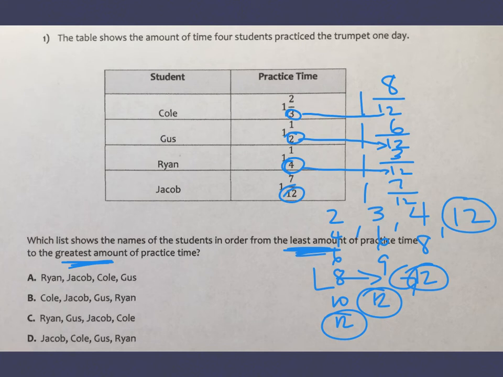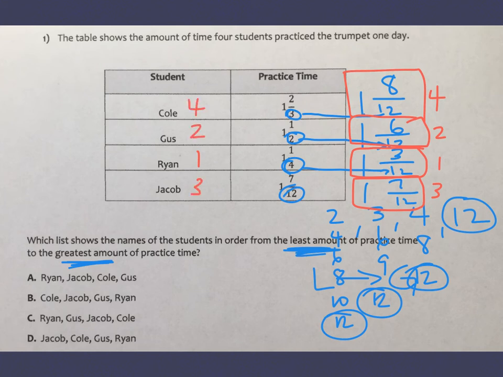So, which of these is the smallest? It certainly looks like 1 3/12 is the smallest. Then 1 6/12 is next. 1 7/12 is third. And last is 1 8/12. It's the greatest. That's fourth. So, in name order, it's Ryan, Gus, Jacob, and Cole.